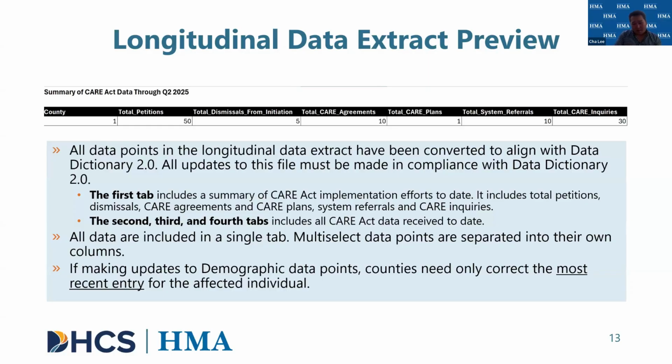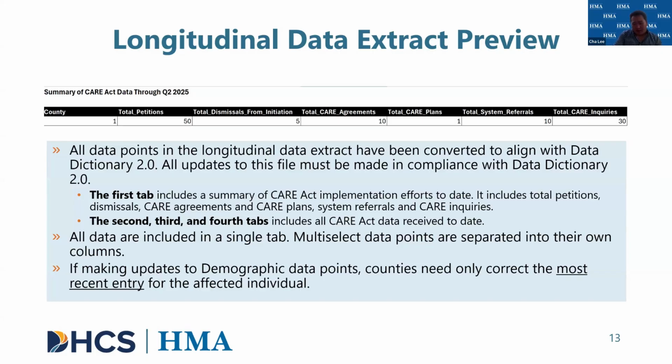On this longitudinal data extract, all the data points have been converted to align with data dictionary version 2.0. So if you choose to go with this option, we want you to use DD version 2 to make the update for the longitudinal data extract file.